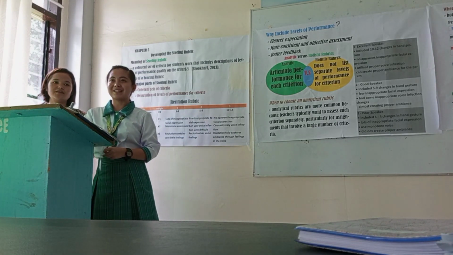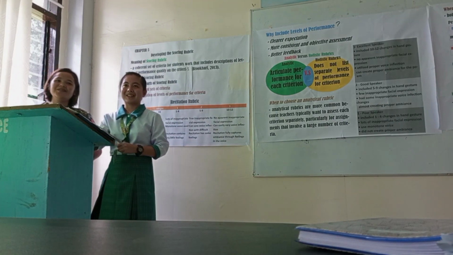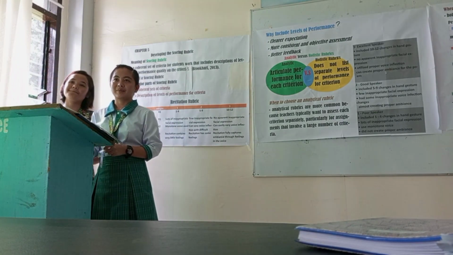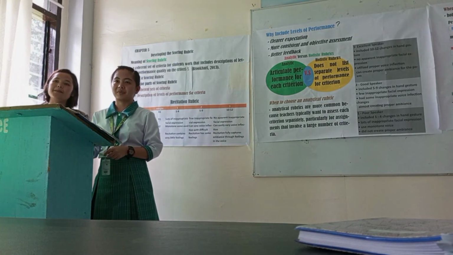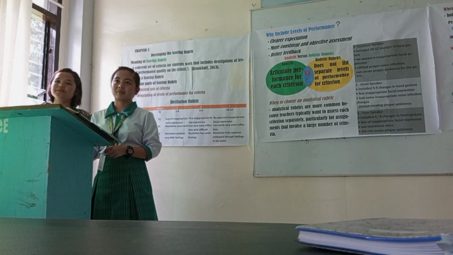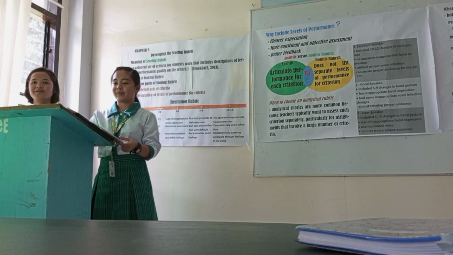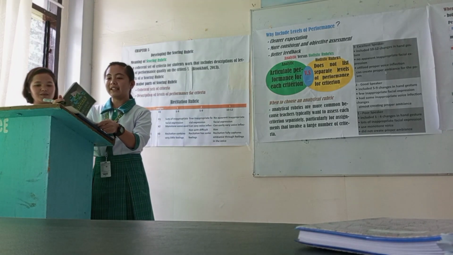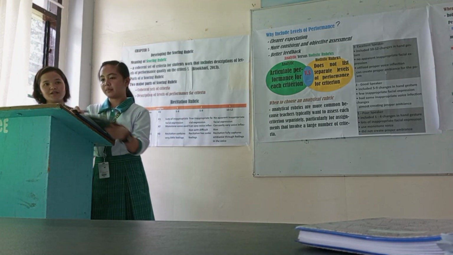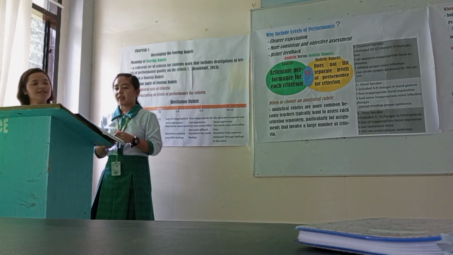In the simplest explanation, for me the scoring rubric is the guideline of a student on how he or she is going to perform the specific activity that the teacher gives. Yes. Do you have any other idea? No more, so let's proceed.